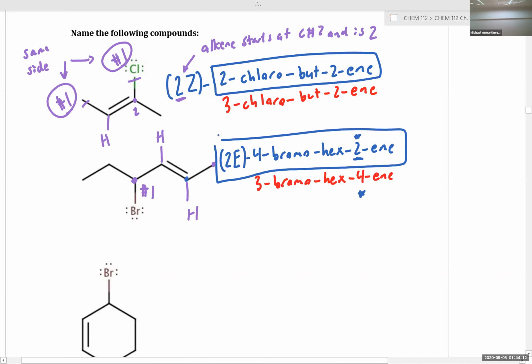And again, I can't stress this enough. If you want to practice this thoroughly, and if you want to get a sense of how questions are made in the book, they literally just put a structure into a structure drawing tool, and they say, okay, structure drawing tool, tell me the name.